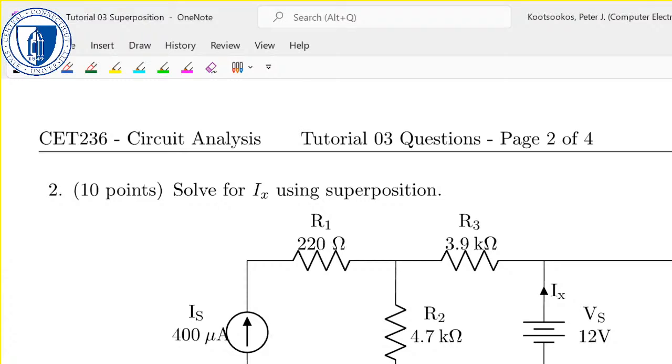Now let's see if I can open up this. Here's what it is.